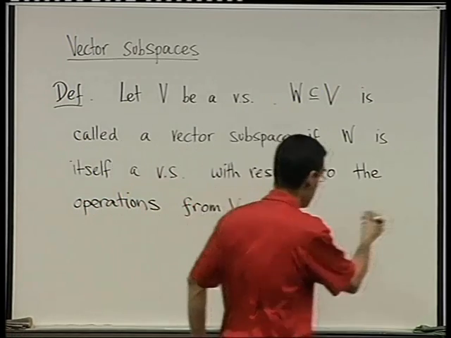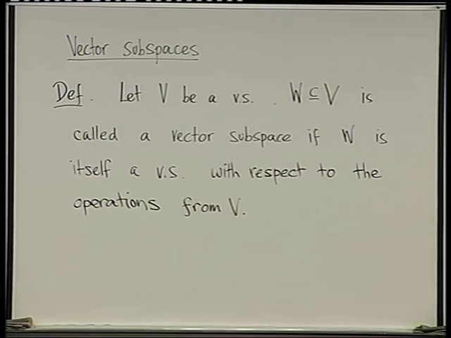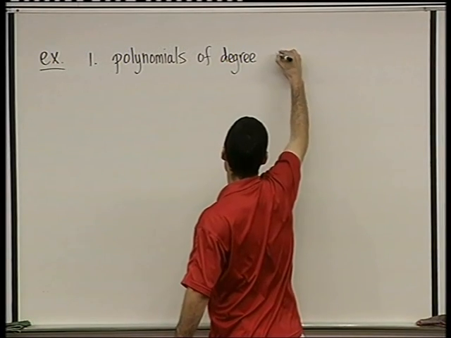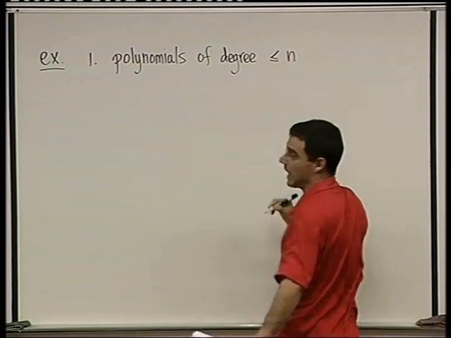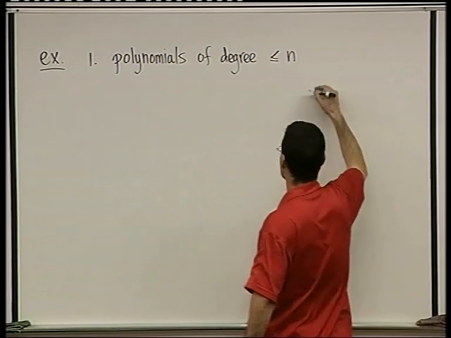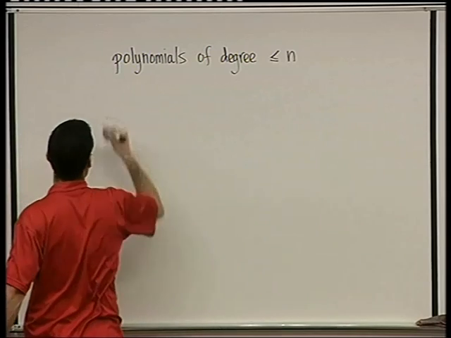So here's example 1. Polynomials of degree less than or equal to n, less than or equal to, not equal to, but less than or equal to n. Let's do this.